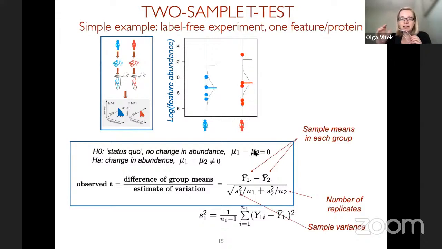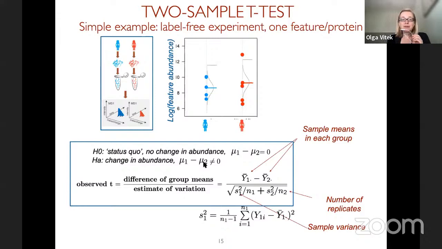We don't know what they are, but let's make a wild guess and say that they are the same. So the difference is 0. This is what is called the null hypothesis. And then the alternative is that there is indeed a regulation, so those two means are not the same.